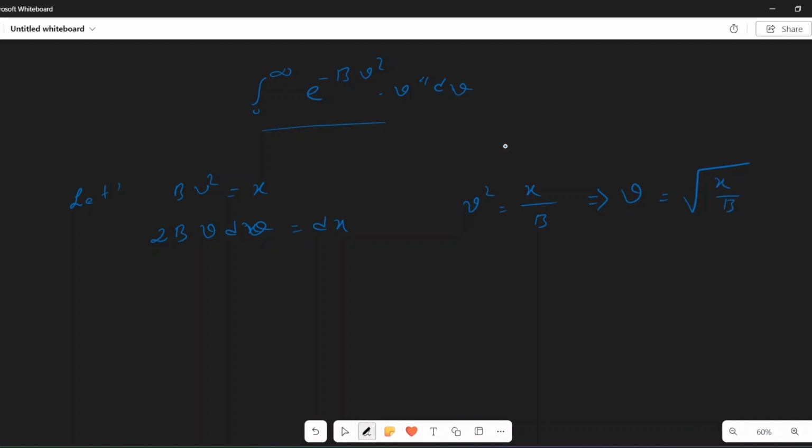Also we can have the term of v to the power 4, that means x square by b square.